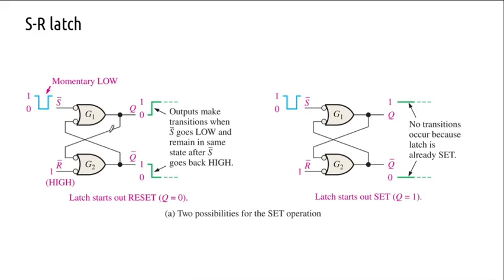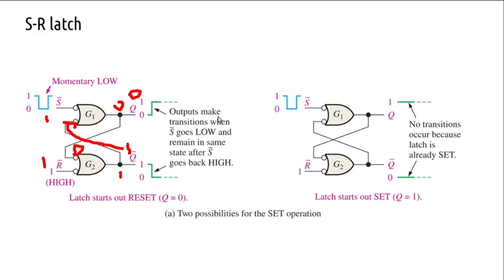The two cases come like this. So first we assumed 1 here, and took Q as 0 and Q bar as 1. Then this 1 reaches here as feedback, and when this 1 is fed back here, what will its output be? It will be 0, since it is a NAND gate. When it becomes 0, this 0 comes here, so this 0 is fed back here. This is a NAND gate, so this output is going to be high. Now what happens?